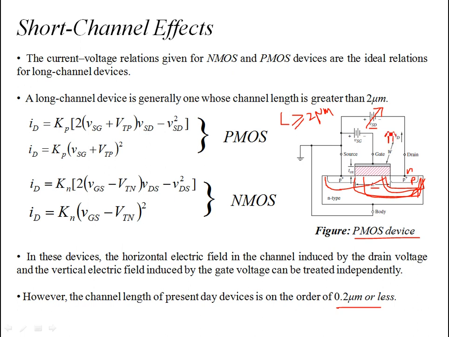The ID is going to increase significantly because you see the drain is just like it's short circuited with the source. So you don't even need to create an inversion layer.